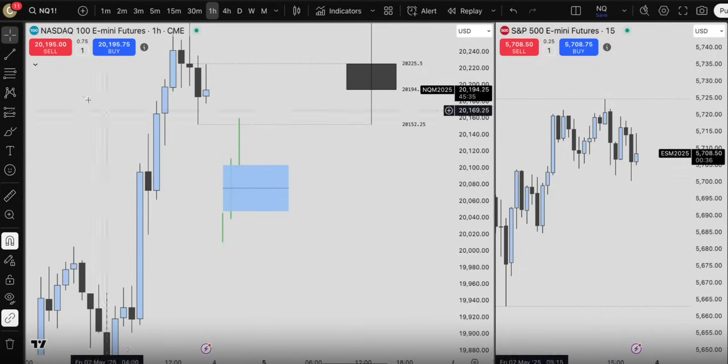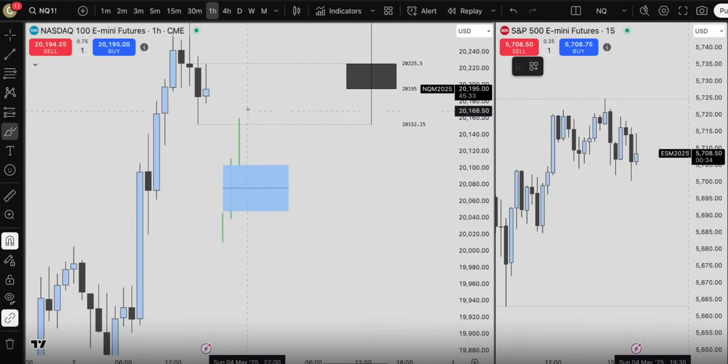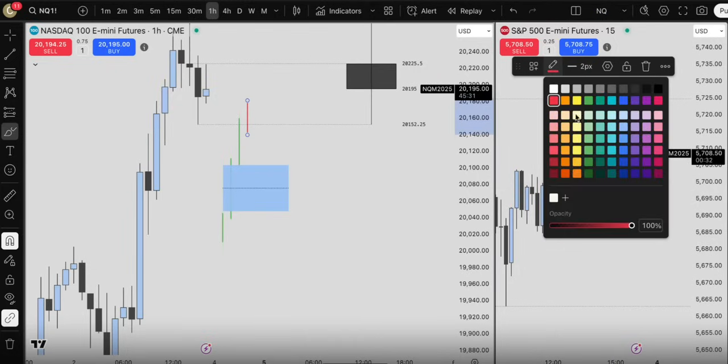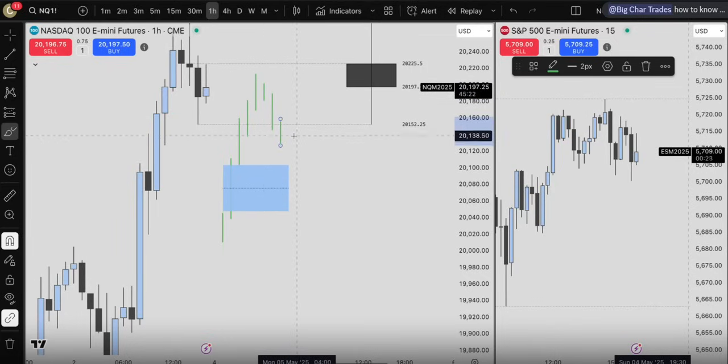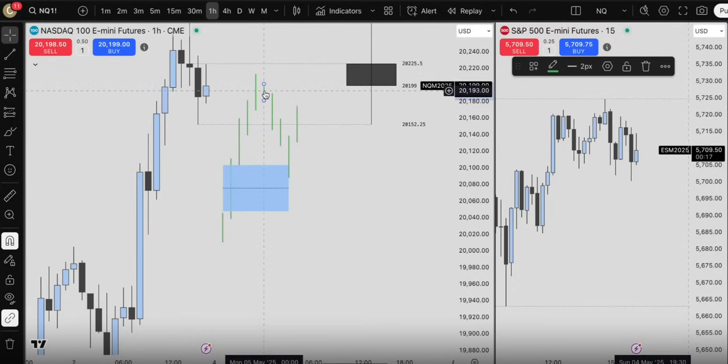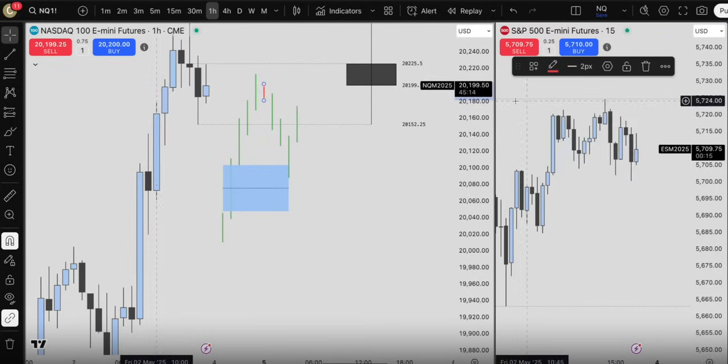Let's say we continue trading to the upside, right? And then we trade to the downside into that and then use it to go higher, right? Like all of these down close candles.